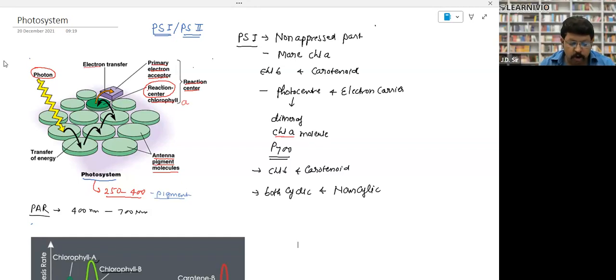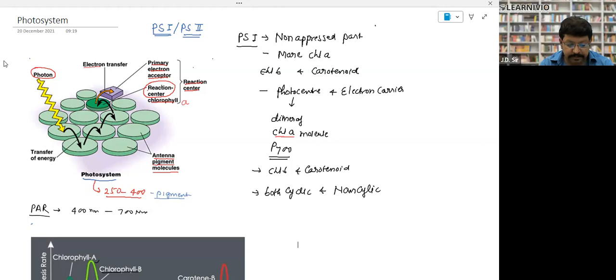They are located on the non-appressed part of the grana, which I have already discussed in the last class. Full stop.